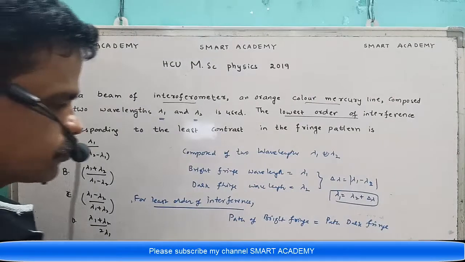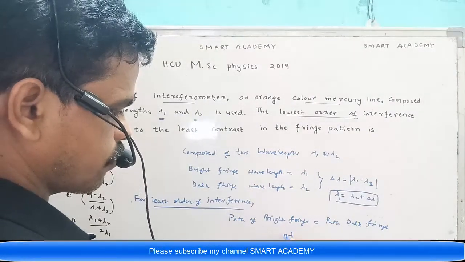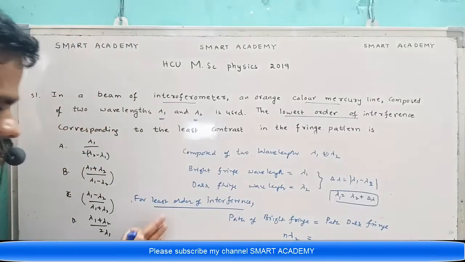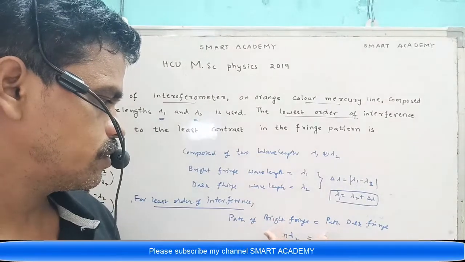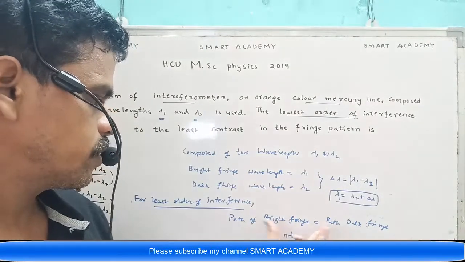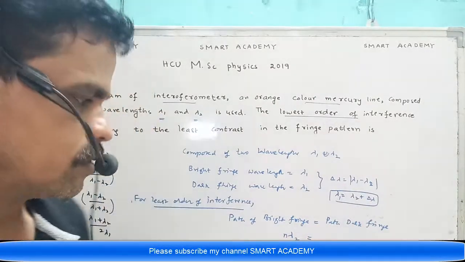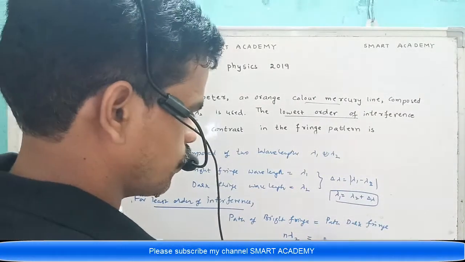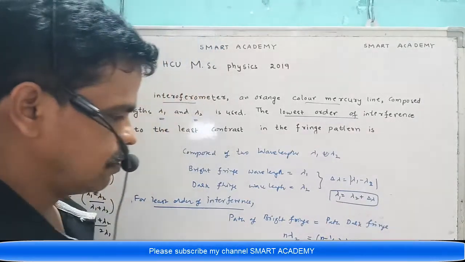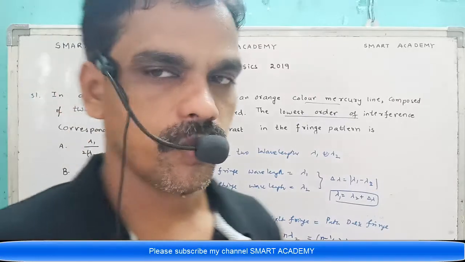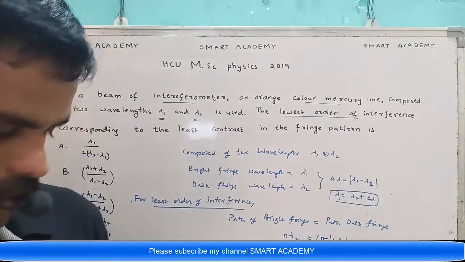If these two are equal, if you go to the least order, that is the path of the bright fringe equal to the path of the dark fringe pattern, then n lambda 2 equals n minus half of lambda 1.